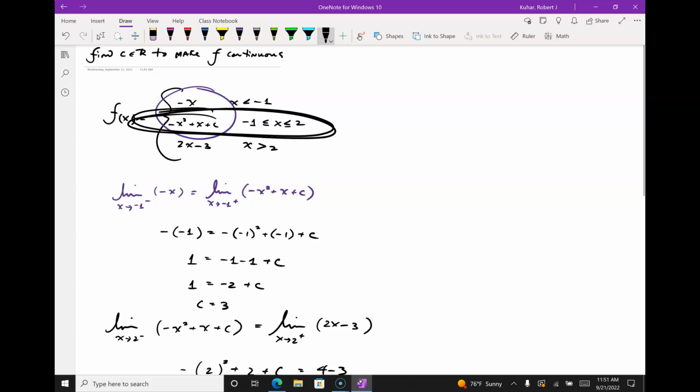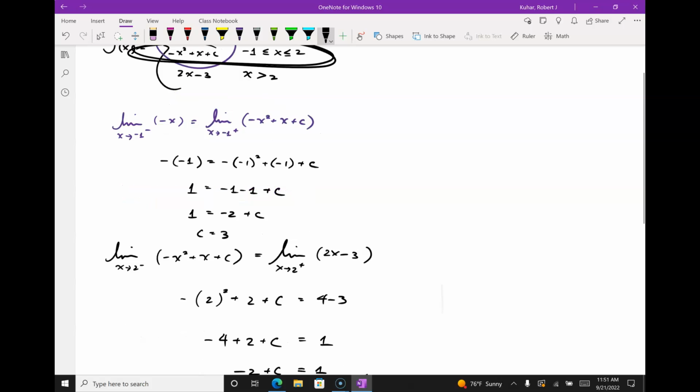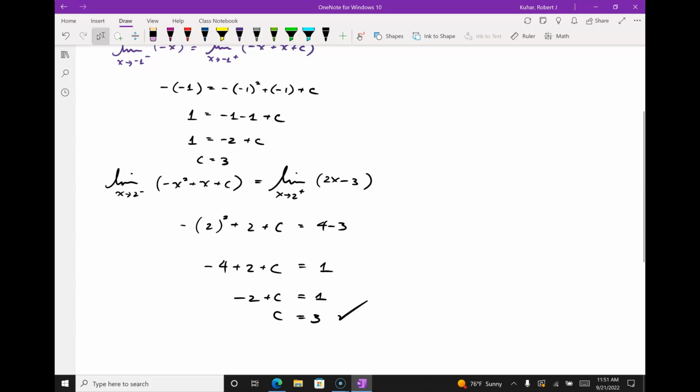Two squared. Yeah, this one? What do you plug into x?